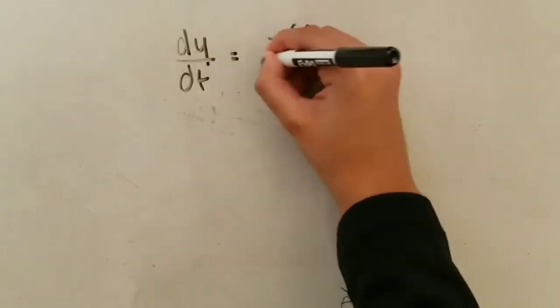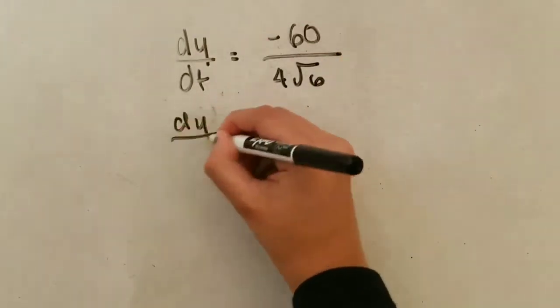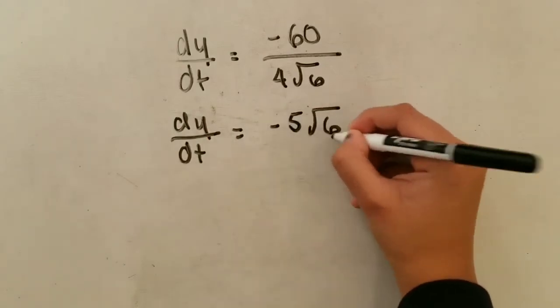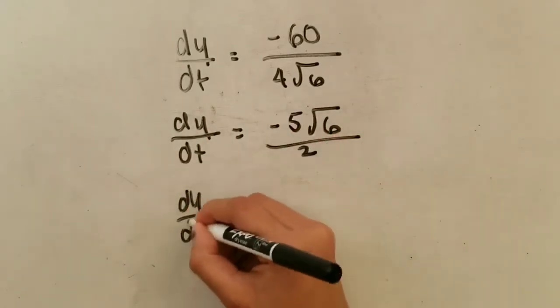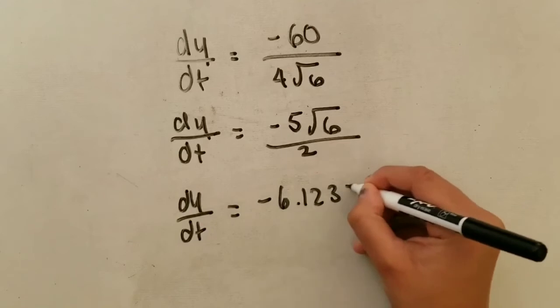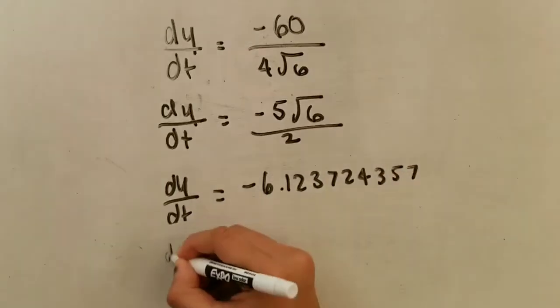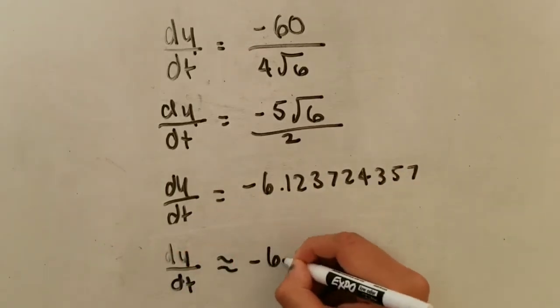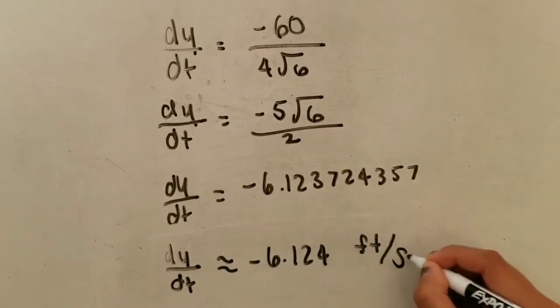Now, solve for dy over dt. Remember to round to 3 significant figures, and the value for dy over dt equals negative 6.124 feet per second.